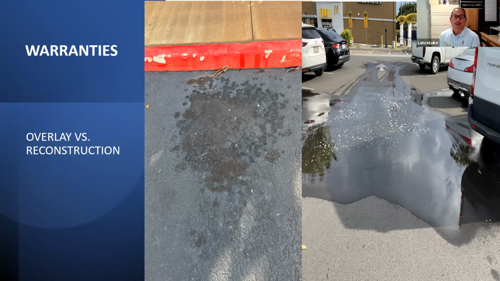So when the contractor came in and did their overlay, they did the best they could. But because they're following an incorrect grade that was not sloped properly, this is what happened. So make sure you understand that. There's only so much the contractor can do without digging up the whole road and starting from scratch.